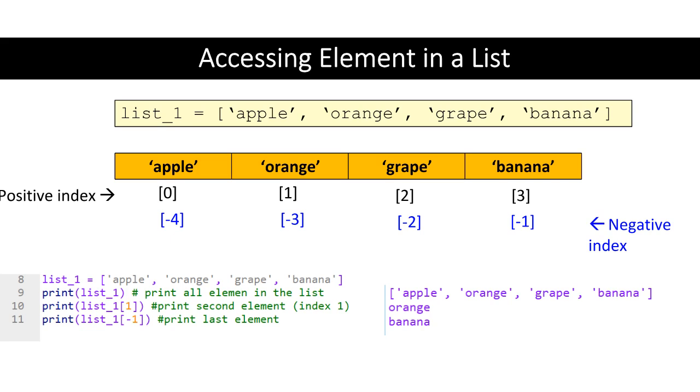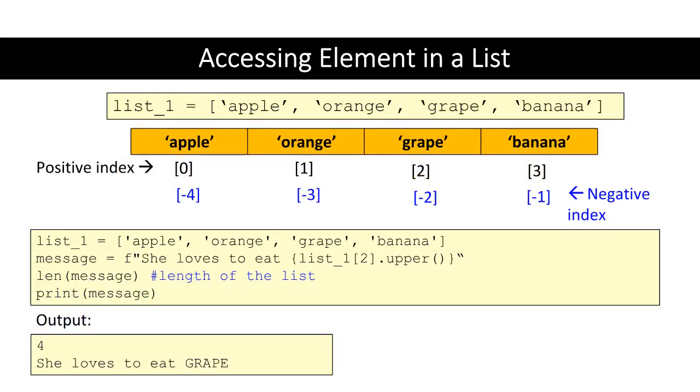Print(list_1[1]) prints the second element, which is orange. Print(list_1[-1]) prints the last element, which is banana. So the output appears as full list, then orange, then banana.